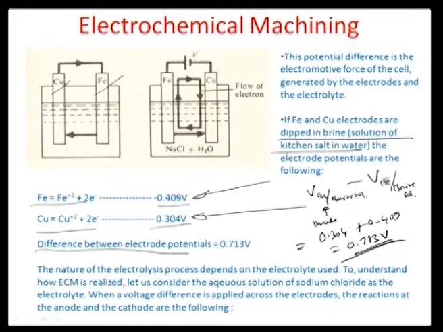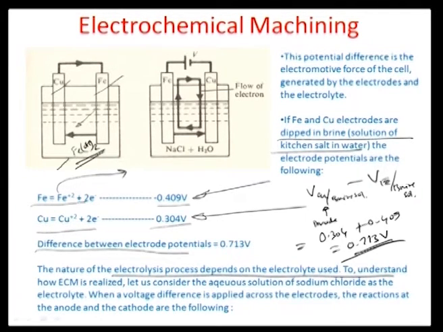And the nature of the electrolysis process depends on the electrolyte used. Supposing you were to do ECM, then whatever comes out here, for example Fe plus 2 state coming out of this electrode, being the anode, immediately gets converted into Fe(OH)2.